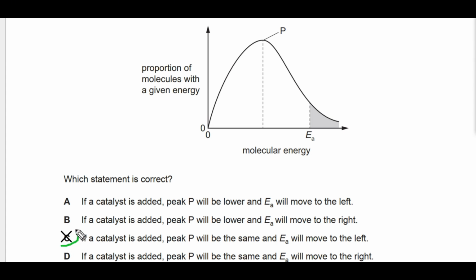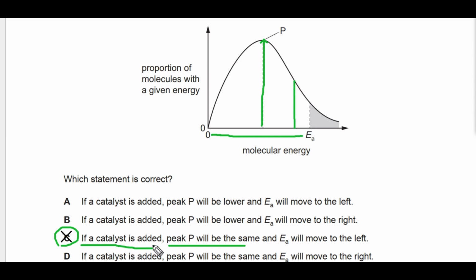So C is the right answer. You know, if a catalyst is added, the peak of P will be the same. Yes, this peak will remain the same, but when a catalyst is added, activation energy decreases. So this amount of energy will decrease. This line will move to the left-hand side.